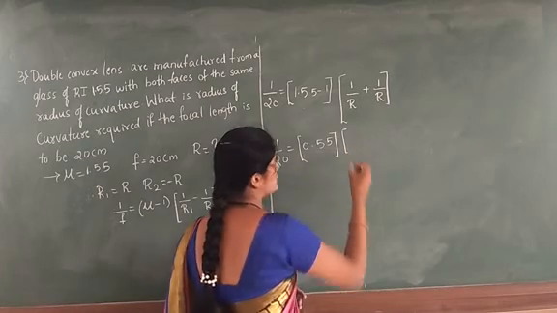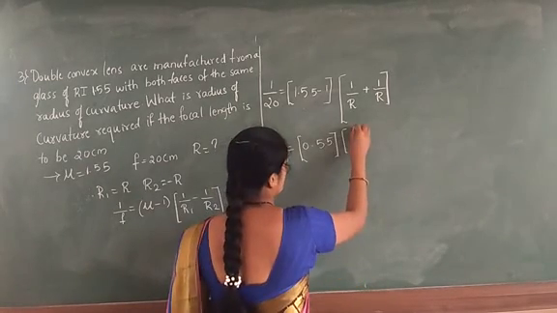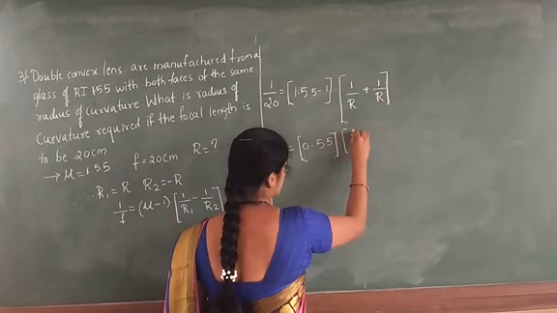Here 1 by R plus 1 by R is considered as 2 by R.